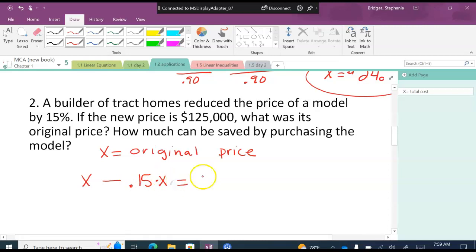And what was my new price? $125,000. Okay, so x minus 0.15x equals 125,000. My pen won't let me write a 0 for some reason. So I'm going to go 1 minus 0.15, and I get 0.85.